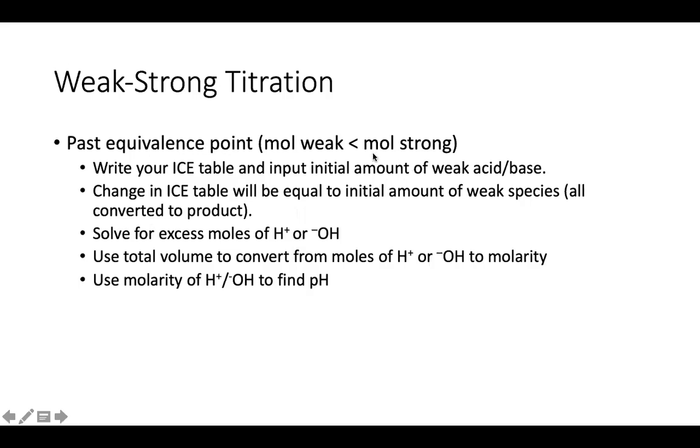Again, the goal of that is to neutralize as much of the strong species or strong hydroxide that we've added. But you'll notice that you still have more of that strong species. So if we added hydroxide, you'll notice there's still more hydroxide than hydronium that we were able to produce.